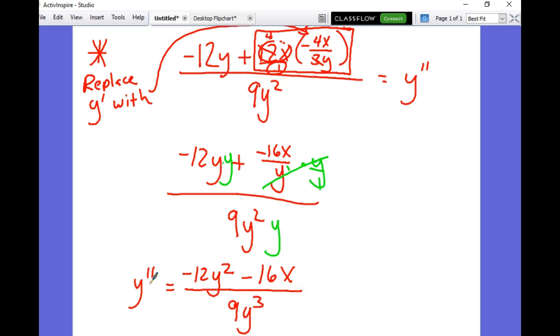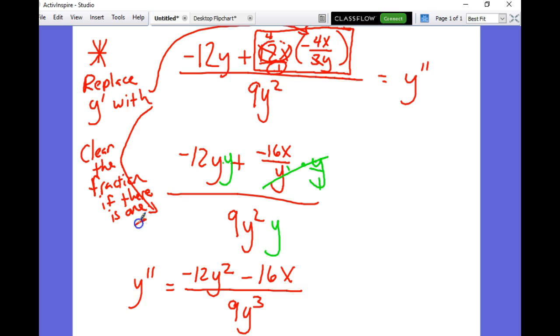I'm going to call this step clear the fraction, however you want to do it, but I'm showing you my strategy. Clear the fraction now, if there is one. There may not be one, but it's not uncommon for it to be there.